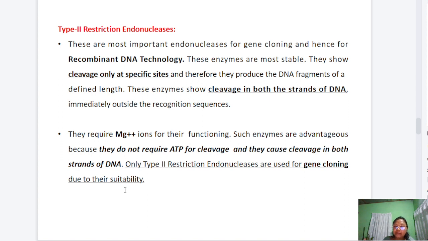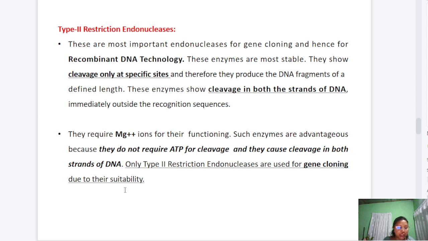Of type 1, type 2, and type 3, these are the important ones because they are the most suitable, or only suitable, for gene cloning. These are the most important endonucleases for gene cloning and hence for recombinant DNA technology.